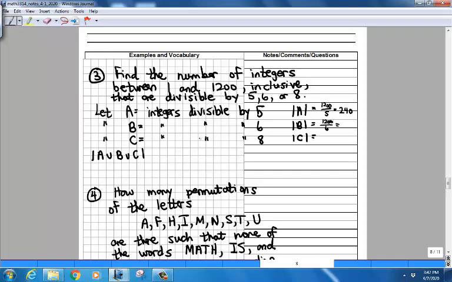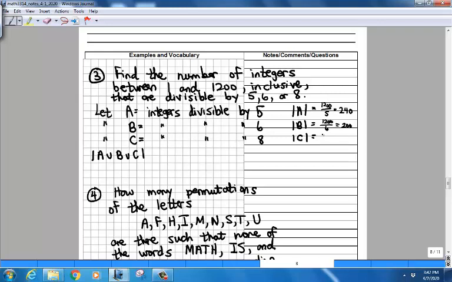That includes 1200, which is divisible by 6. So you get 1200 over 6, which is 200. So there are 200 integers between 1 and 1200 divisible by 6. And now again, I'm going to make a corresponding definition for 8. I'm going to let C be the integers between 1 and 1200 divisible by 8.